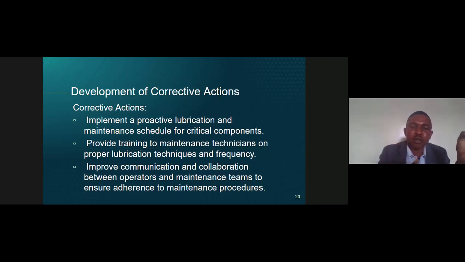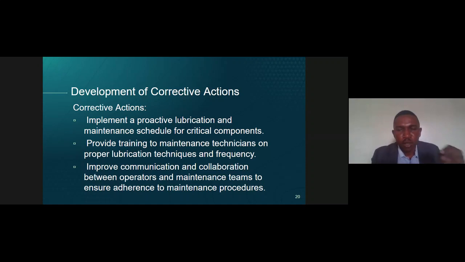And lastly, they also improved communication and collaboration between the operators and maintenance. One key thing I want you to take note of is that there must be collaboration and cooperation between operators and maintenance of equipment. Because if an operator is able to identify an unusual noise, even if you cannot put a corrective measure in place, the maintenance technician who has the full knowledge of this equipment will come.